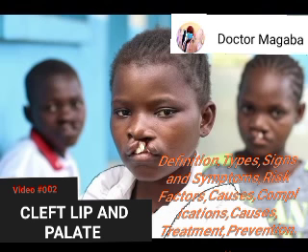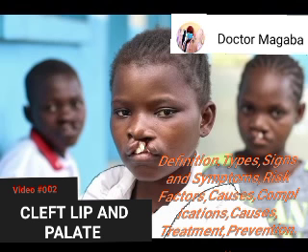So a baby can have a cleft lip, can have a cleft palate, or can even have both. You get it?